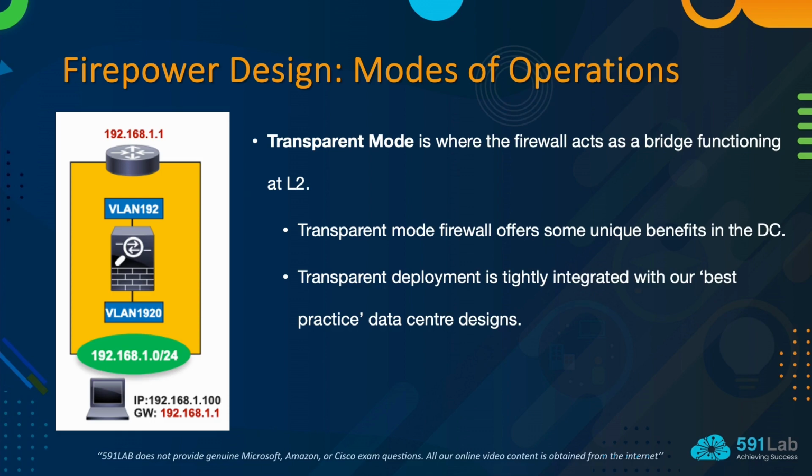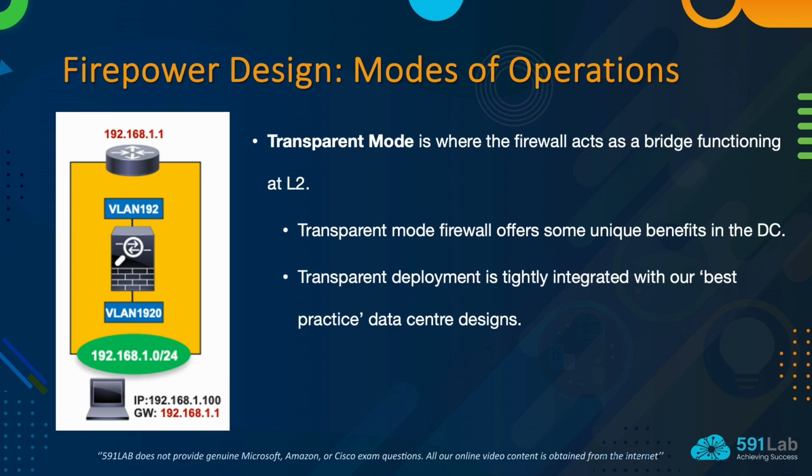A bridge operates by examining the media access control addresses in the data packets it receives. Transparent firewalls do not route traffic based on IP address. When the Firepower device in transparent mode receives a data packet, it examines the destination MAC address in the packet header.